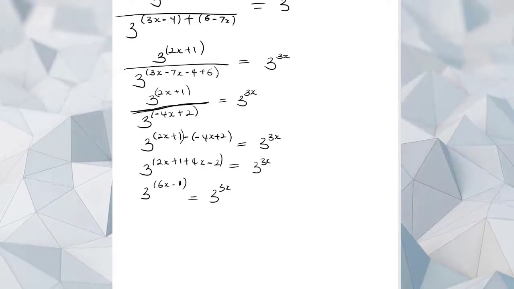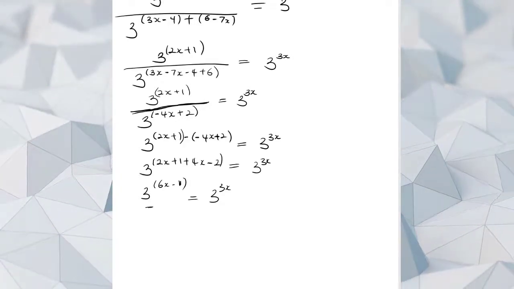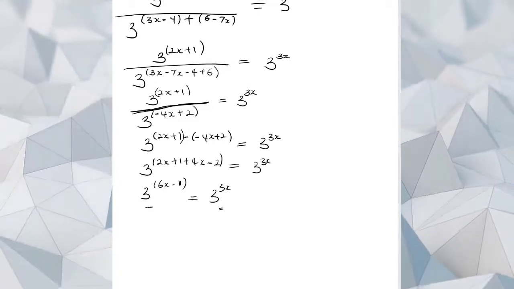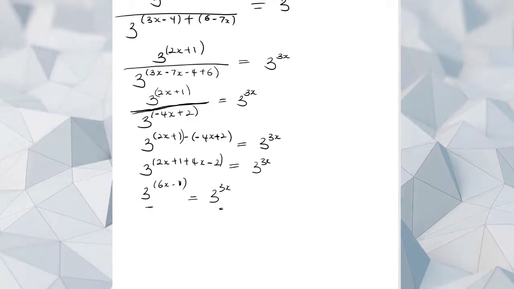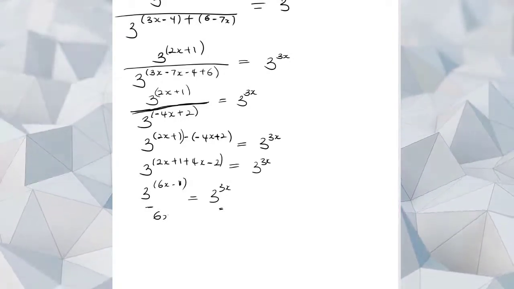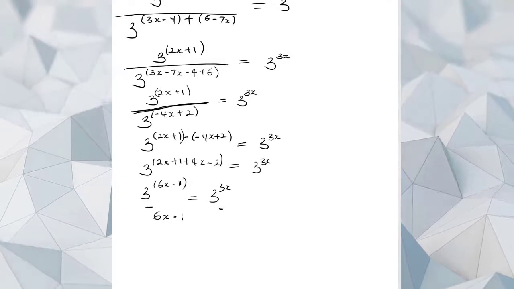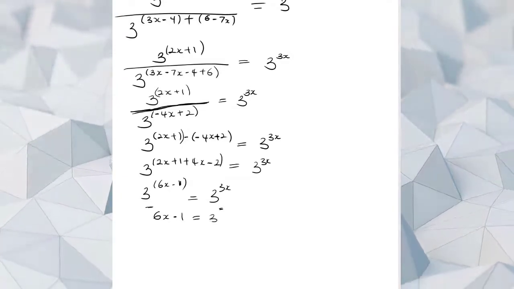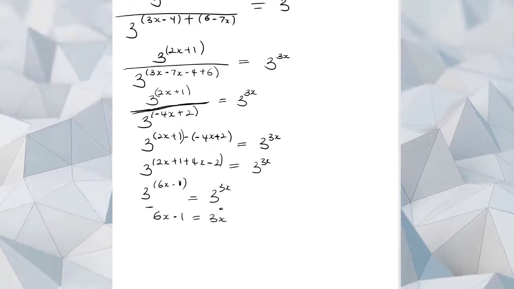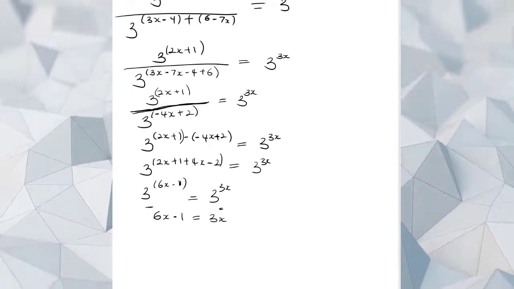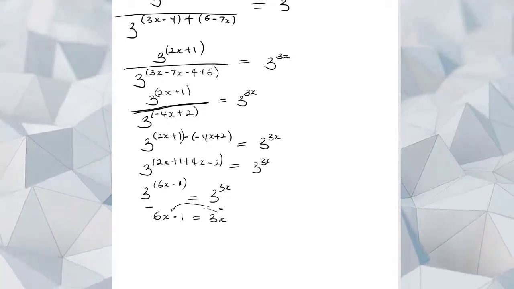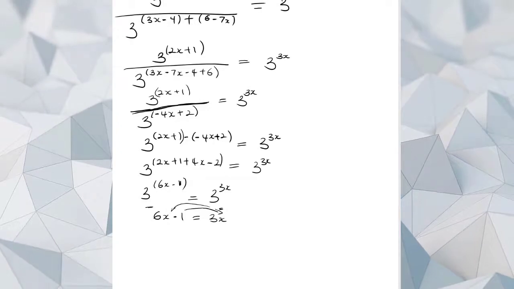For the left hand side to be equal to the right hand side, since we have equal base, then the power must be equal. So therefore we have 6x minus 1 is equal to 3x. So if I'm going to bring like terms together, carry 3x over here and take minus 1 over to the right hand side.